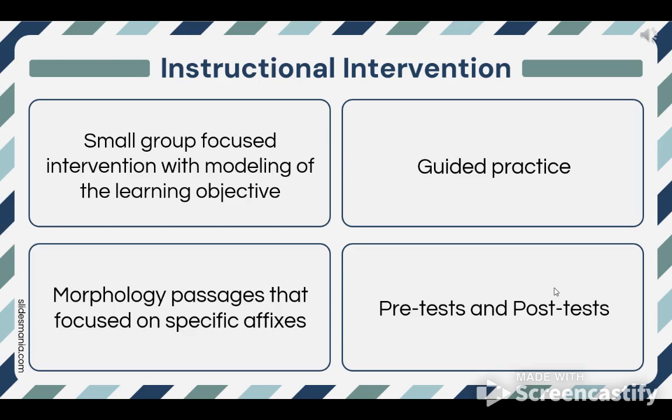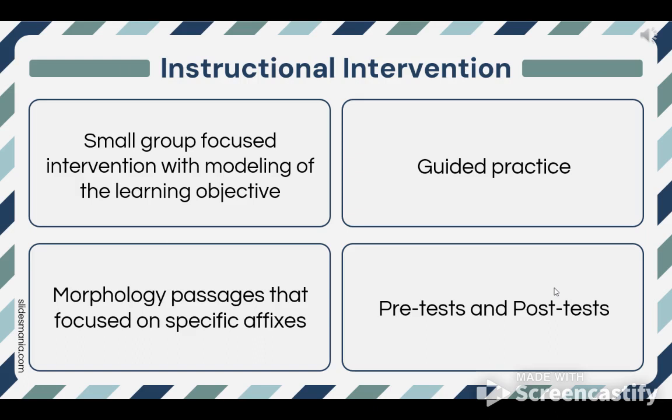We did a lot of modeling, or I did a lot of modeling with sentence strips. What I would do is write the words out onto a sentence strip, and I would cut apart the prefix from the base word, or the base word and the suffix. Students were able to see that once they learned the definition of the affix, they could put it together with the base word, and that helped them to visualize and also understand the meaning of the whole vocabulary word.